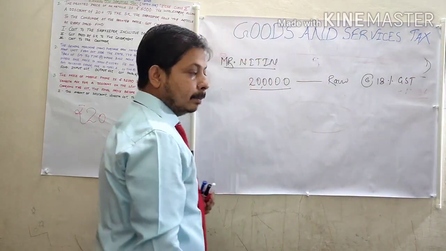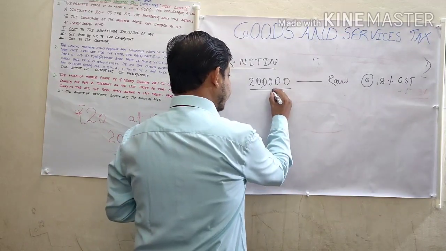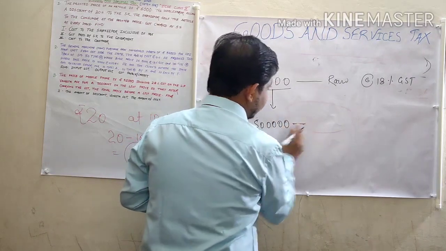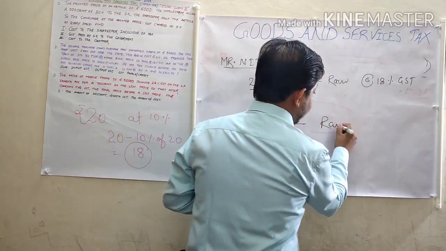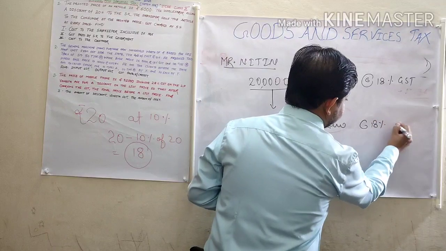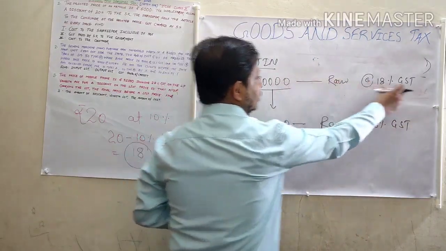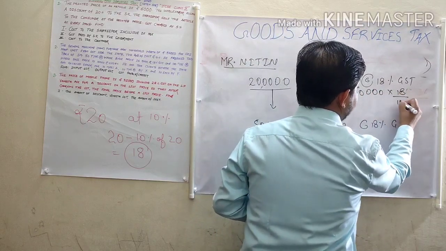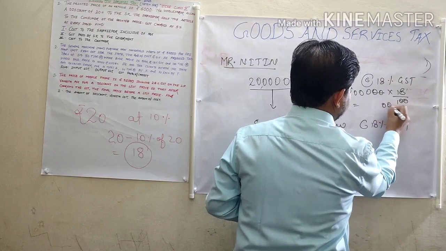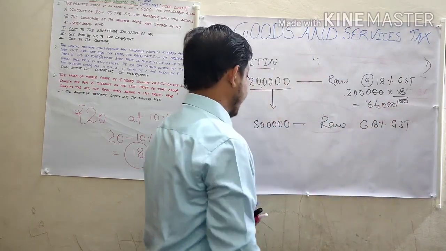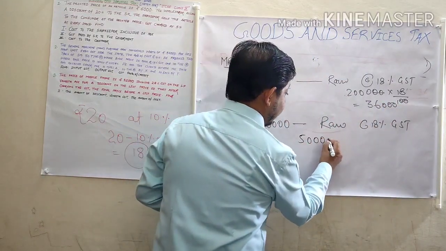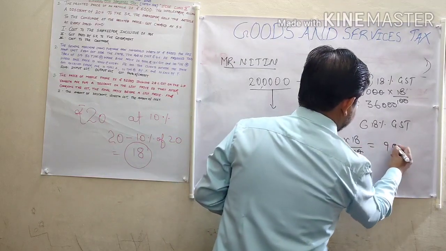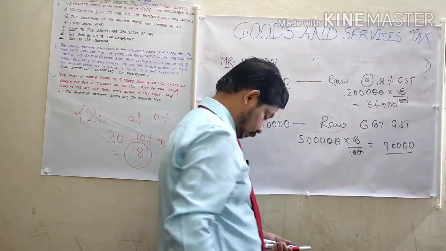This is just the example. Suppose after manufacturing, the final price is 5 lakh at the rate of 18% GST. Here I have paid some GST: 2 lakh multiplied by 18 divided by 100, this is 36,000, and here 5 lakh multiplied by 18 divided by 100, this is 90,000.